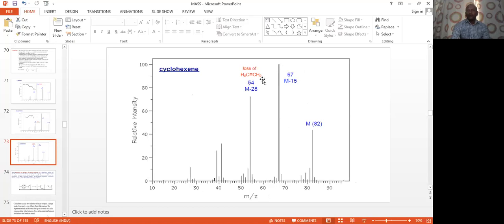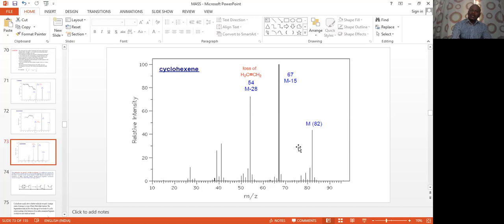So you can find the loss of M minus 28 peak and M minus 15 peak. These are the characteristic peaks: the allylic cation is one characteristic peak, M minus 28 is another, and M minus 15 is another.